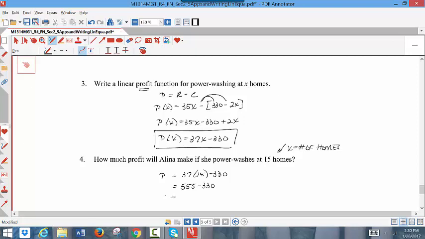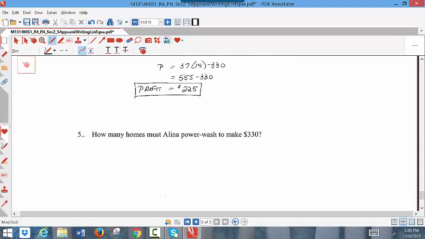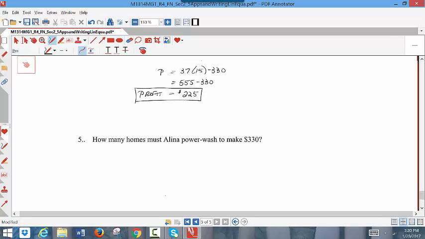So her profit will be $225 for power washing 15 homes. So at this point, she's already paid for the power washer and the soap, and her profit is $225 in her pocket.